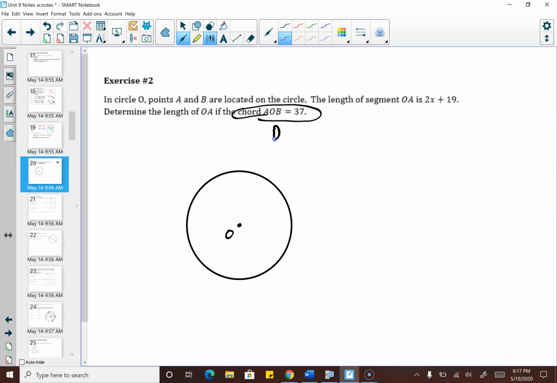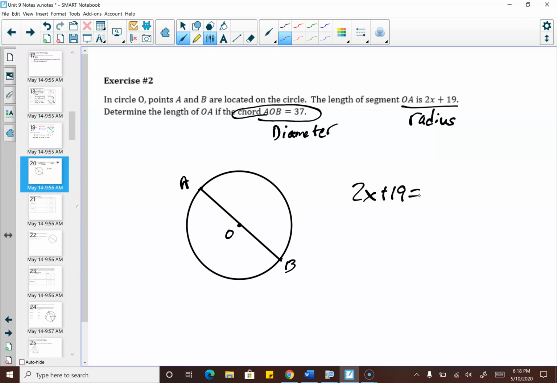Because it's a chord that passes through that center point, that means it's a diameter. Okay, so A and then B. All right, try to estimate them on the opposite sides of that circle as best as possible. And that's what we get. All right, so it says the length of OA, which is our radius, is 2x plus 19.